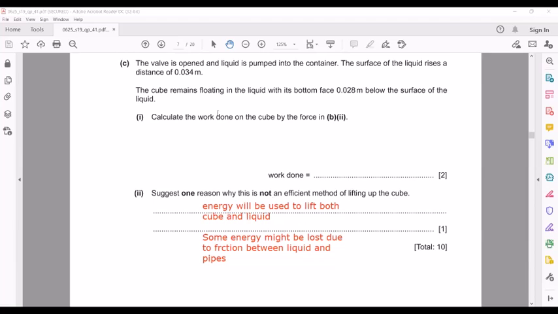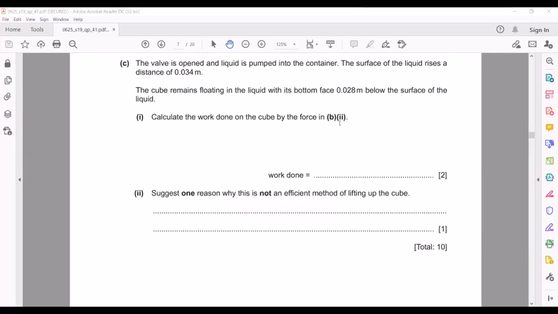So these are two reasons why this method will not be efficient. Because an efficient method means that it will convert most of the energy into the useful one. But in this case, some of the energy you use is used to lift the block, the cube, and some of the energy is used to lift the liquid.